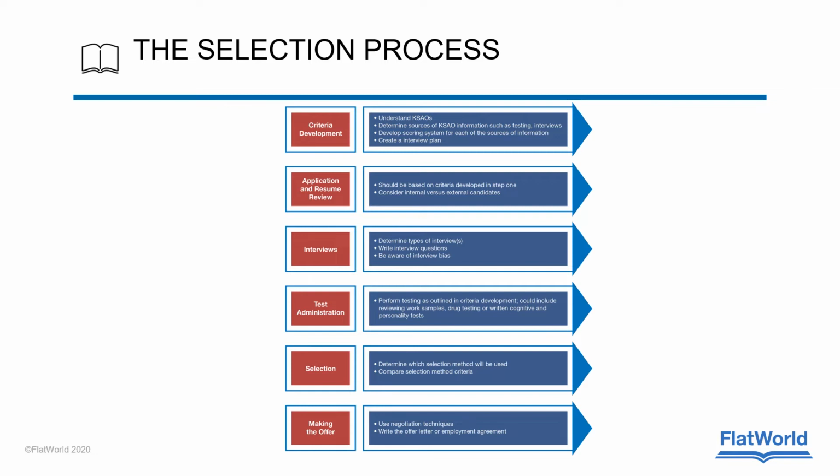Have these prepared in advance, which is not always done, but is a best practice. Then the test administration: determine which selection method you're going to use, which should obviously be done in advance, and then compare selection method criteria. And finally, making the offer: use negotiation techniques, and write the offer letter or employment agreement. So these are all important components to the selection process.